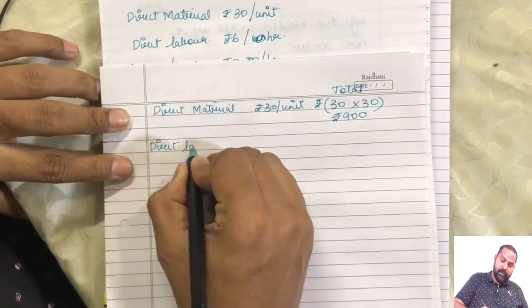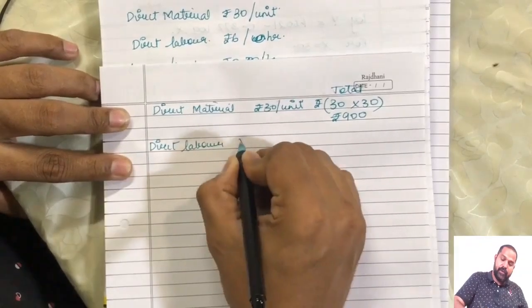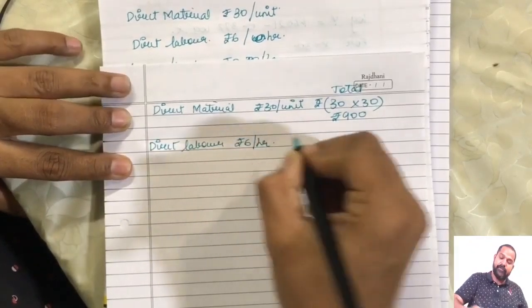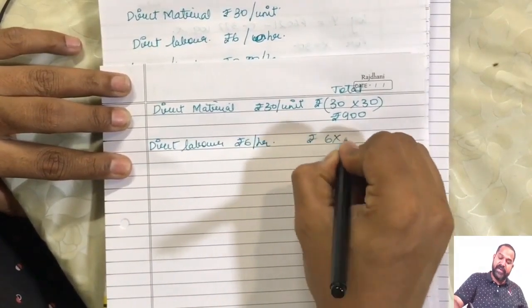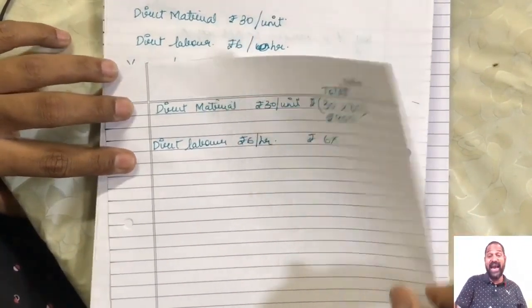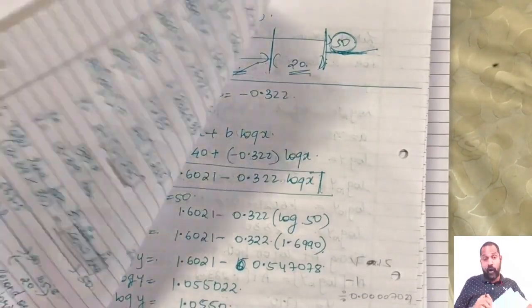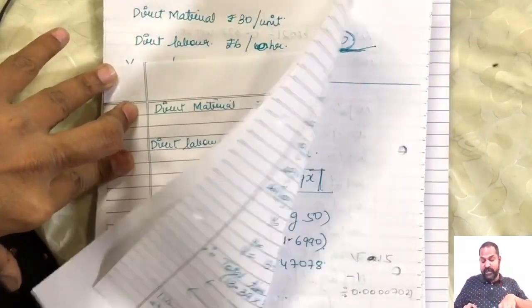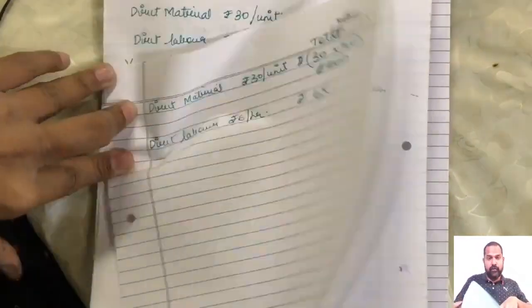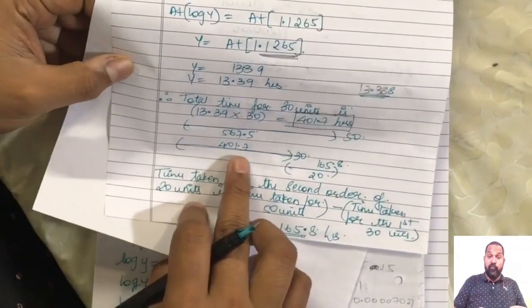Direct labor is rupees 6 per hour, which is rupees 6 into how many hours am I using the facility? I am using it for 401.6 hours right here. 401.7 hours, sorry.